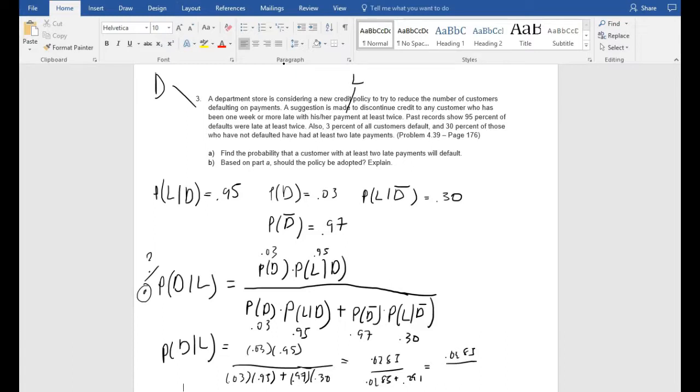We don't have to do that. We'll just call this whole thing equals 0.0892. So that's using Bayes' theorem to solve the problem.